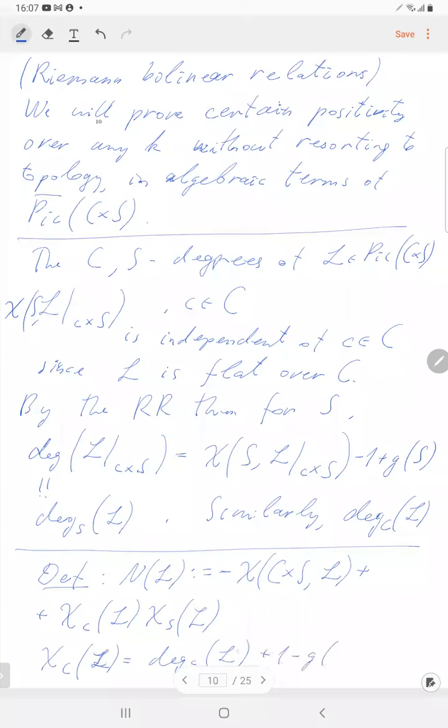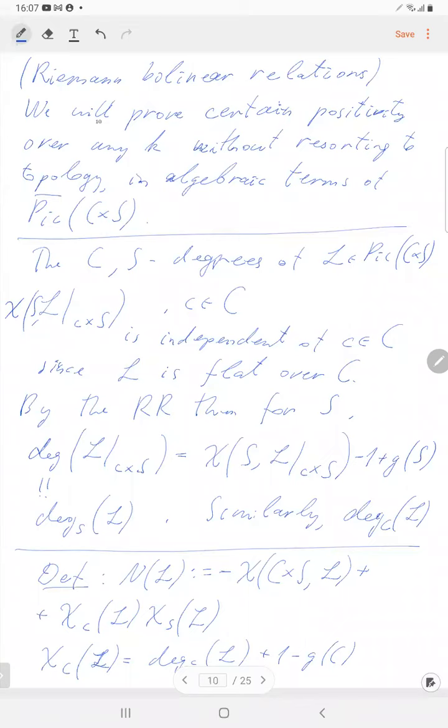What does it characterize? Well, as we will see next time, it is some quadratic form on this quotient group.